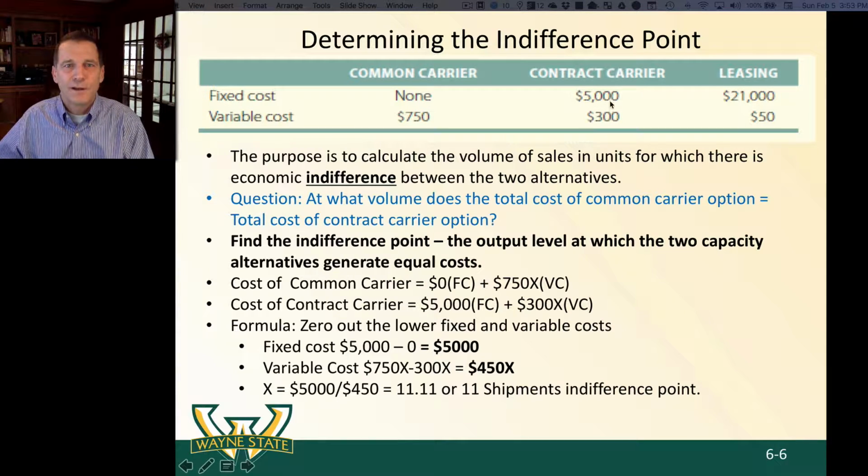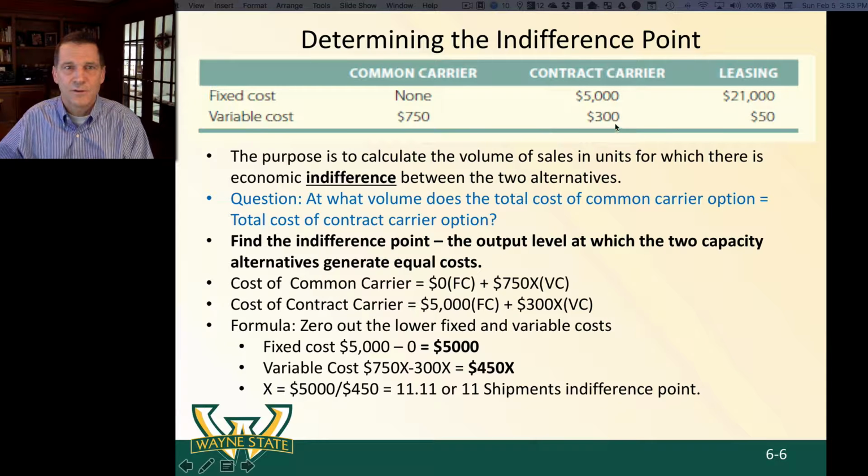For a contract carrier, we would have a long-term contract, which gives us a lower per unit price. The $750 goes down to $300 per unit, but every month we need to pay that contract carrier $5,000 regardless of shipping volume. So we've taken on a fixed cost and we've lowered our variable cost.